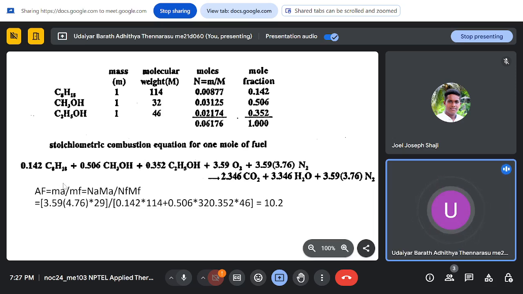Your mass of air is 3.59 moles into 4.76 into molar mass 29, divided by the mass of fuel, because the number of moles is 1: 0.142 into 114, plus 0.506 into 32, plus 0.352 into 46. This gives you 10.2. So that is the air fuel ratio.